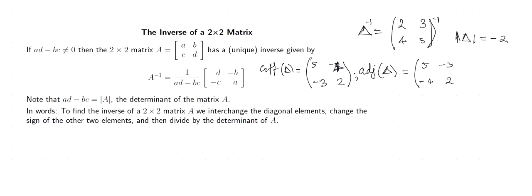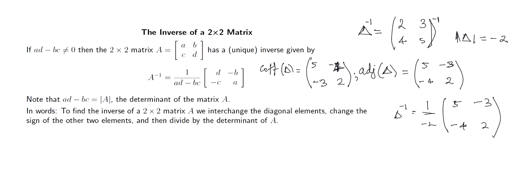And then the inverse itself will look like 1 over minus 2 times the adjoint of the delta, minus 3 and minus 4 and 2. Is it okay?